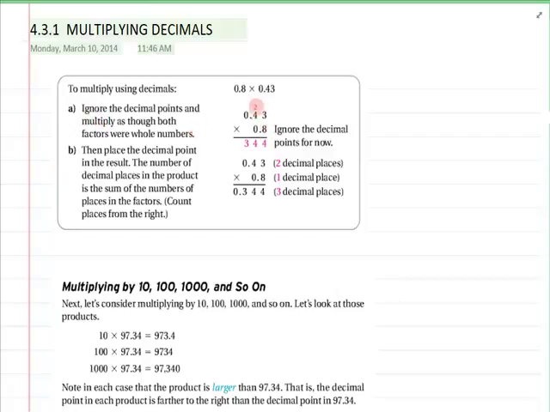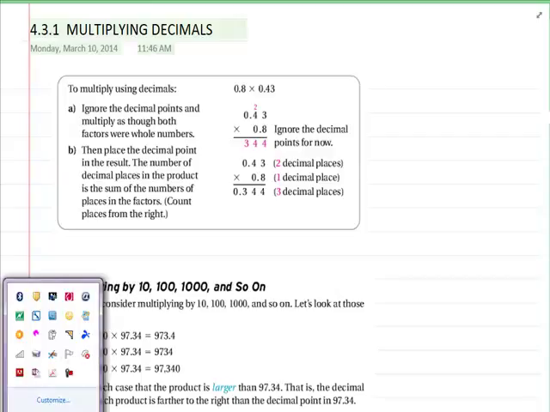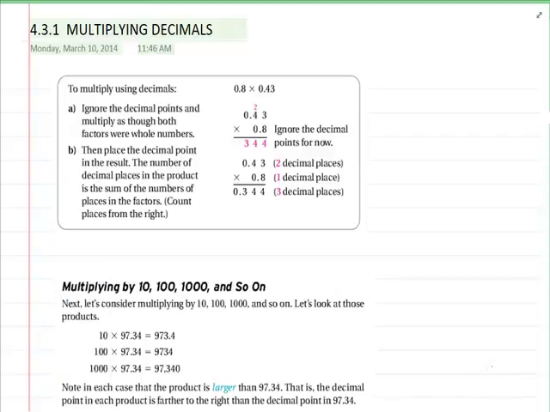So in this case, you multiply by 8 and you get 344. Now you concern yourself with the decimal point and you count the number of decimal places. All right, I count. There are 2 digits to the right of the decimal in this number.